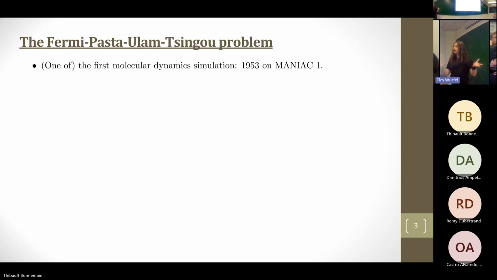And to draw a bridge between last lecture and this one, I want to talk about the Fermi-Pasta-Ulam-Tsingou problem. That's notable for several reasons. Maybe the first one is that it was one of, if not the first, molecular dynamics simulations. It was realized in 1953 on the then new supercomputer Maniac 1.